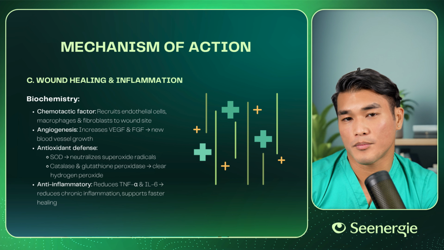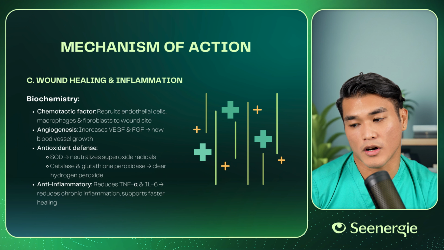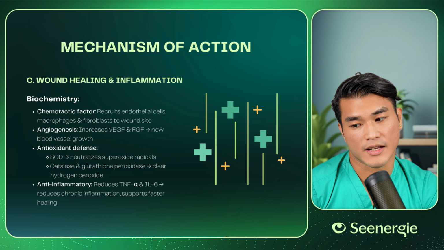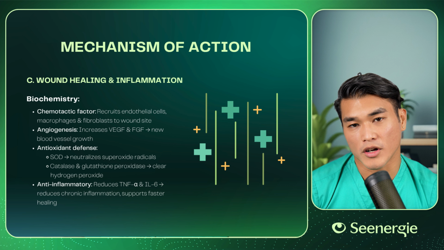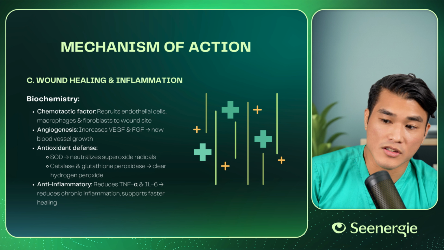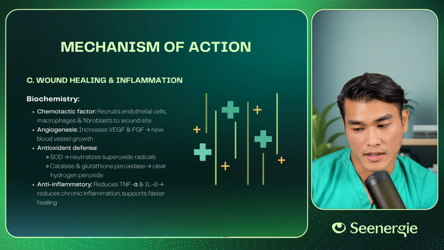One of the most important antioxidants out there is your superoxide dismutase. It converts harmful superoxide radicals into just hydrogen peroxide, which your body will process. Catalase and glutathione peroxidase also clear this hydrogen peroxide, which is super important.